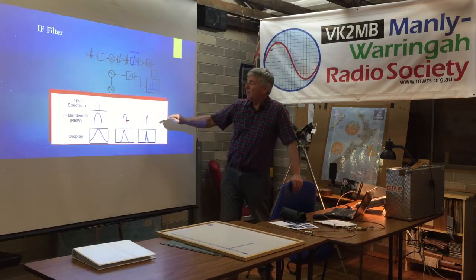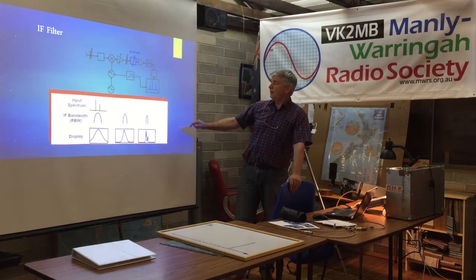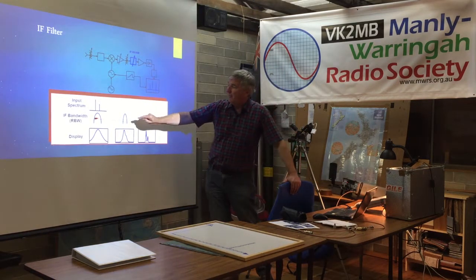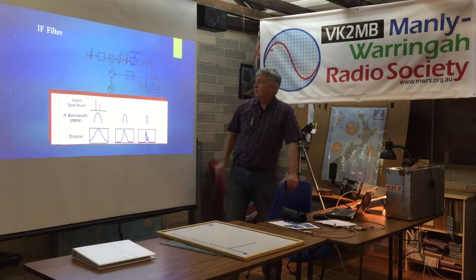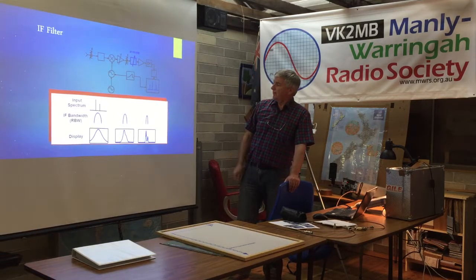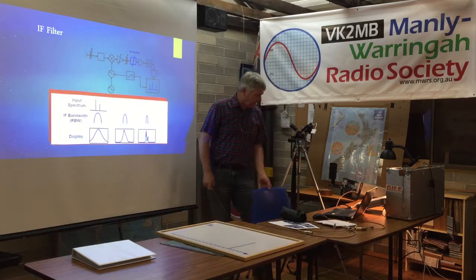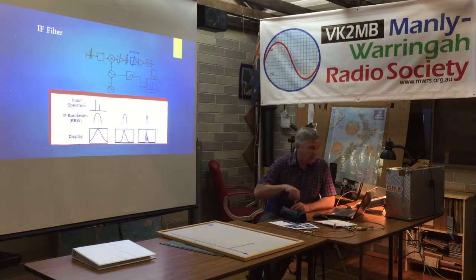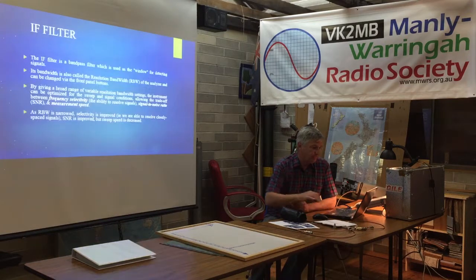And we can have various bandwidth filters. So again, think of your receiver. Here's Patrick with his CW filter in. And up here, here's Roger with his AM filter in. Different bandwidths, as we know. Nothing too surprising about that.